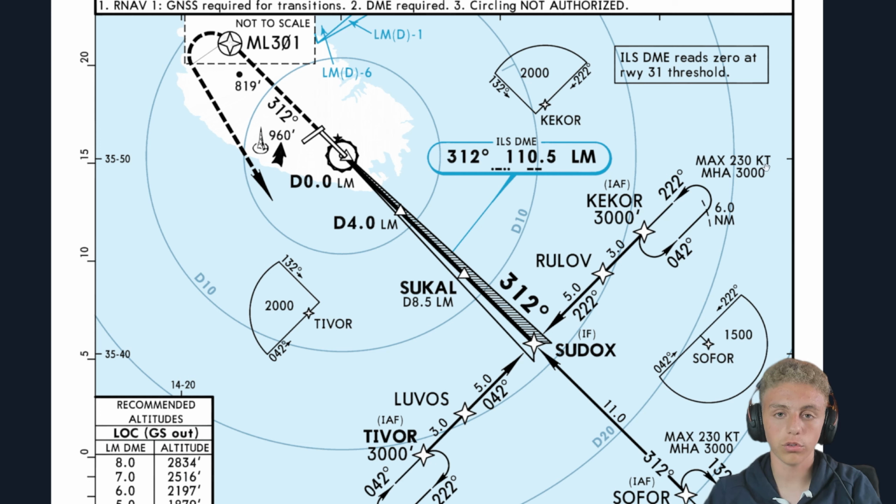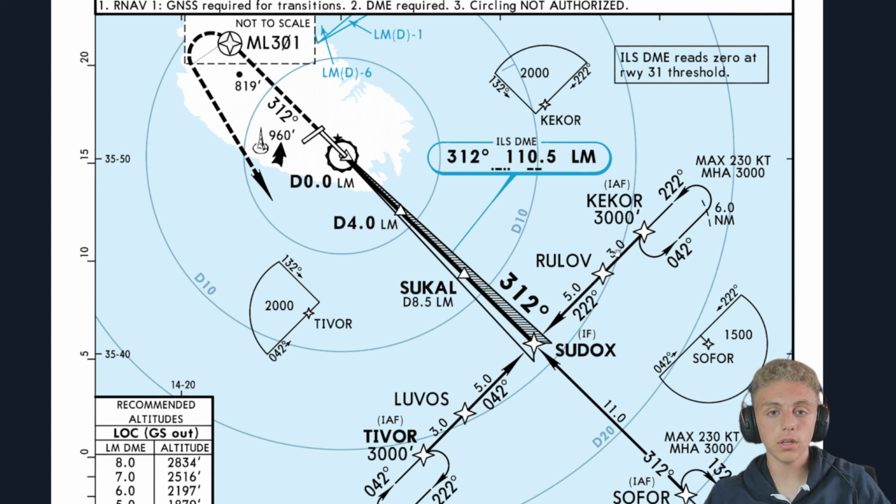You cannot exceed 230 knots, and the minimum holding altitude is 3,000 feet. So you have to be at 3,000 feet while holding. You would use these if, per se, you are a bit too high, let's say 20,000 feet, that's an exaggeration. You'd hold over here until you're down to 3,000 feet. So then you can continue.